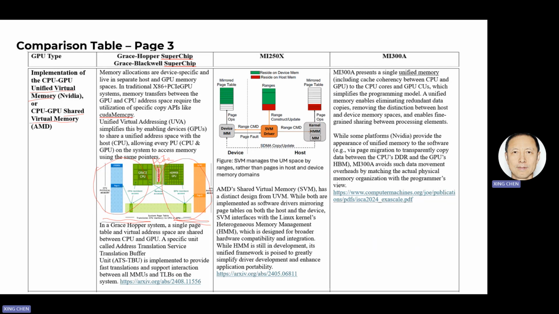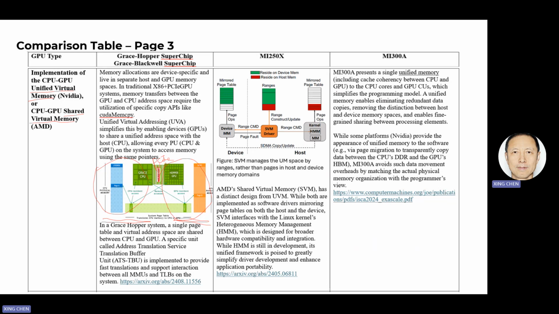And this was with the traditional x86 CPU connected to the GPU by using PCIe. With the advancement of this GraceHopper superchip, there is still the need to give the programmer this kind of unified virtual address space.